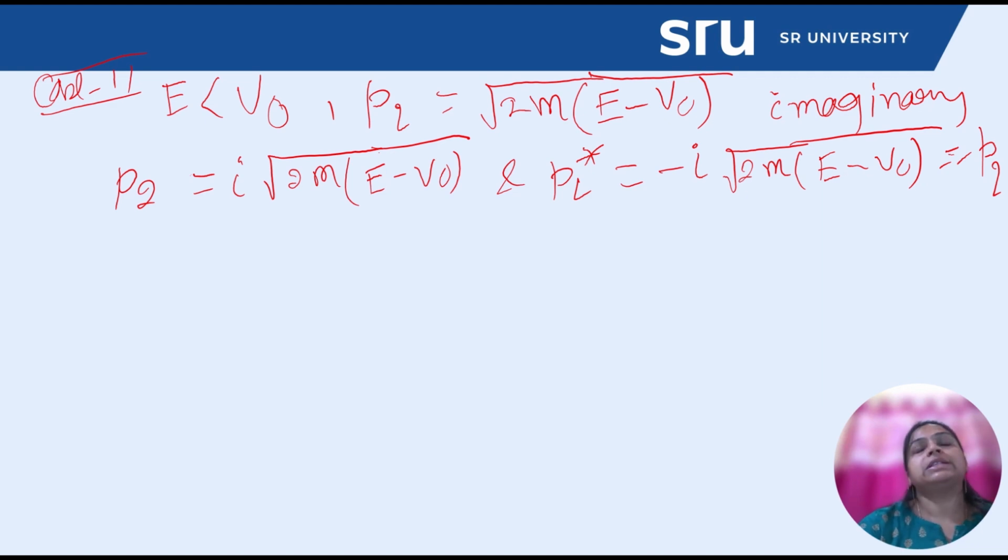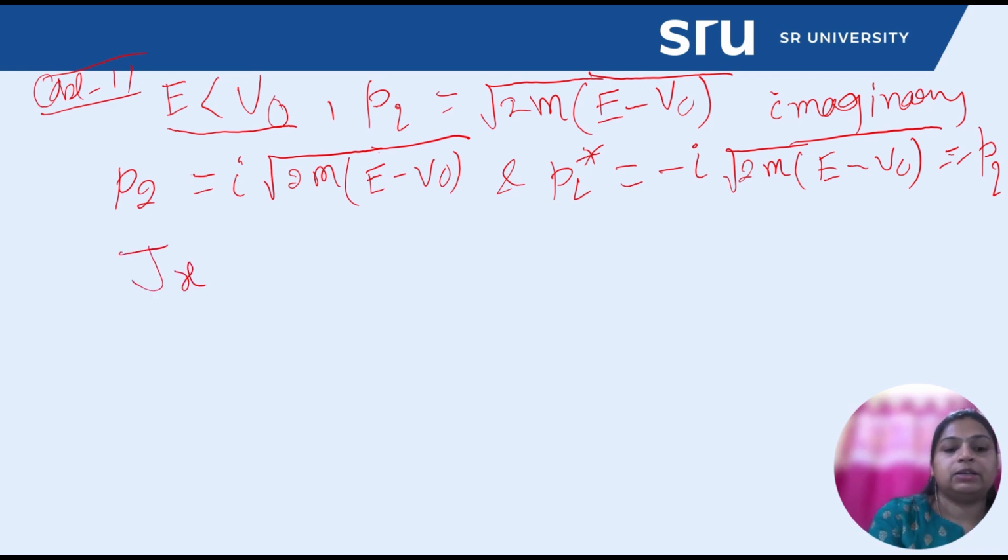Now if we want to find the probability current density in this case, E less than V naught, we know the current density formula.